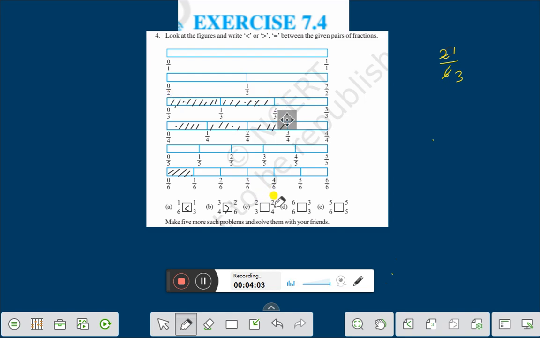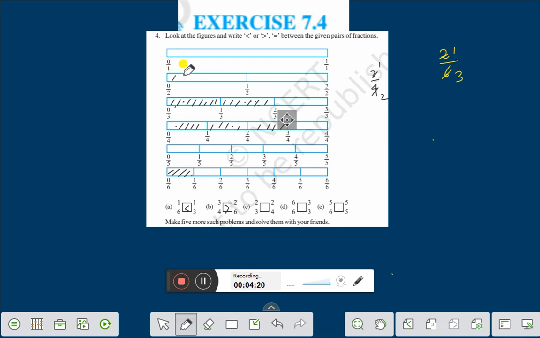And where is 2 by 4? What is the value of 2 by 4? If we find the value of 2 by 4, 2 1 is 2, 2 2 is 4. That is half, right? Half is here.